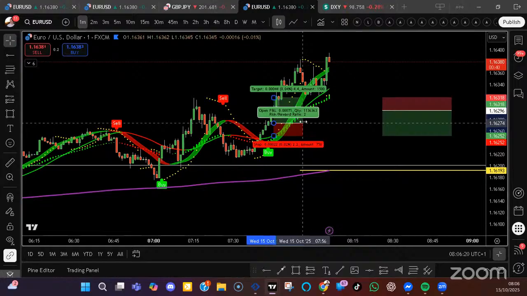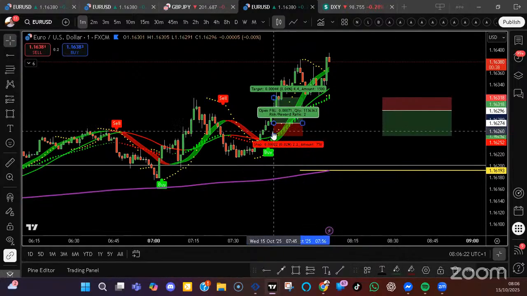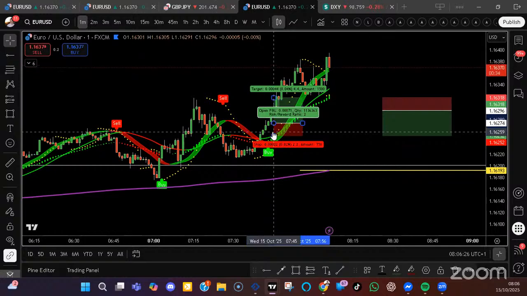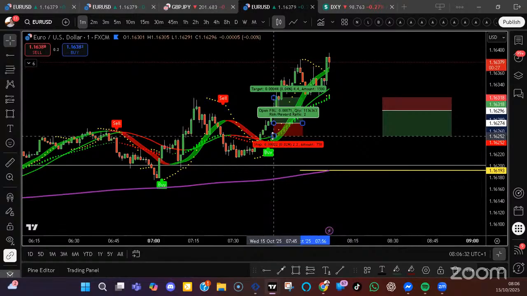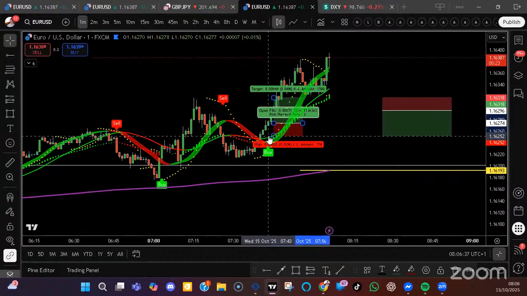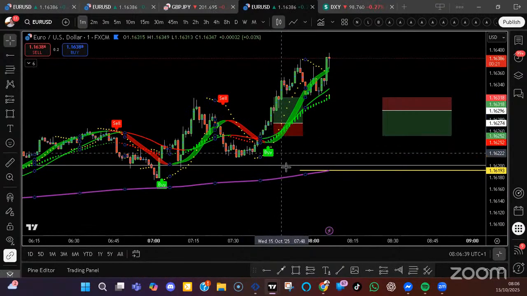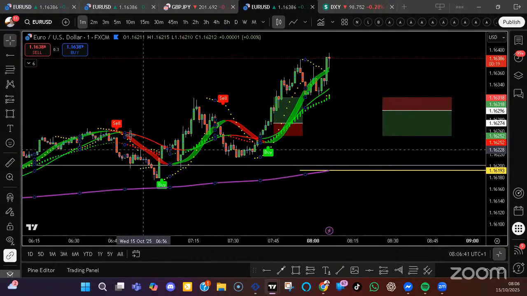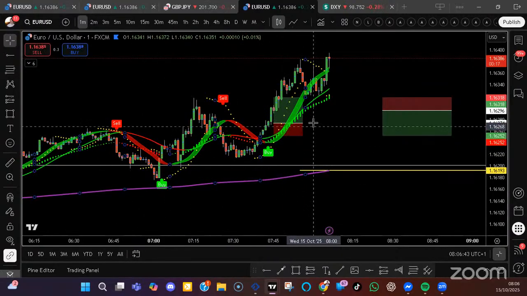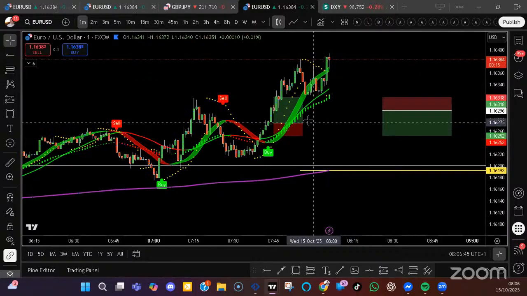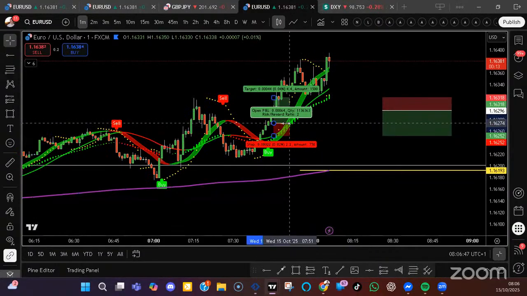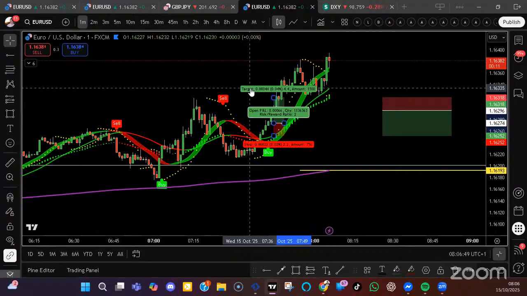That's hindsight though. And that buy was at 20 to 3 this morning. That was all because price had been into the buy zone. So that one would have been a nice trade to take at that time.